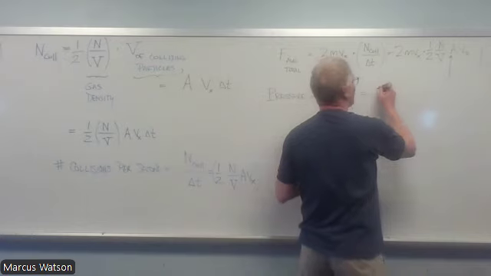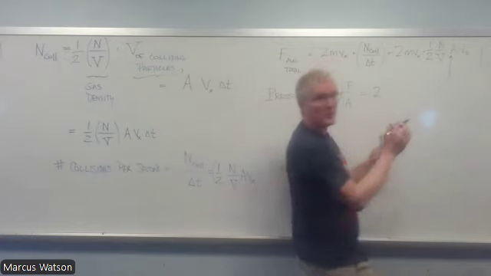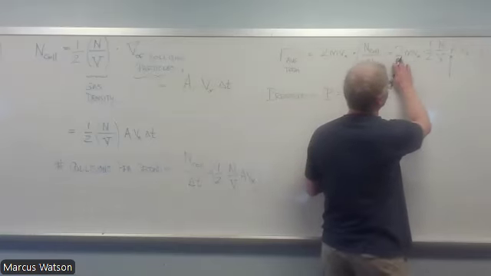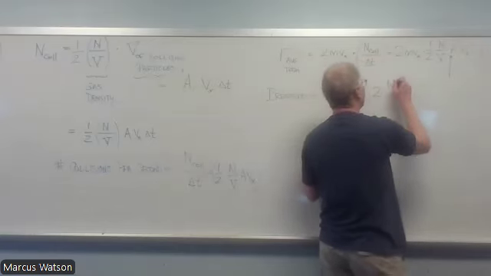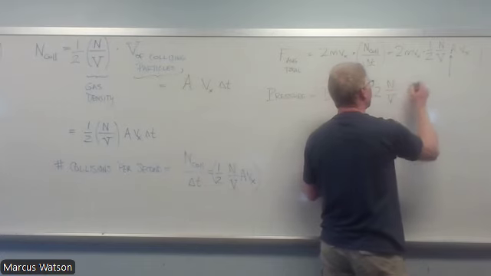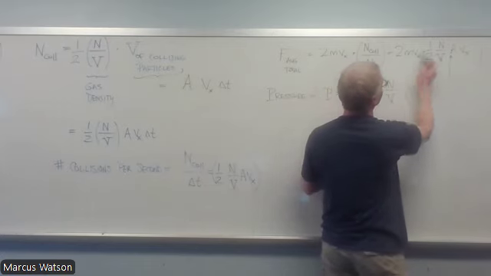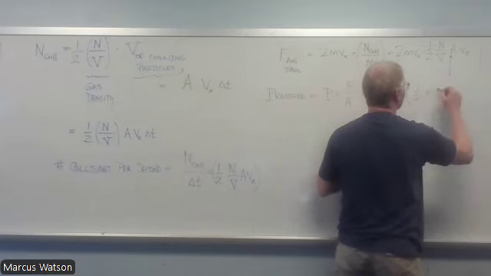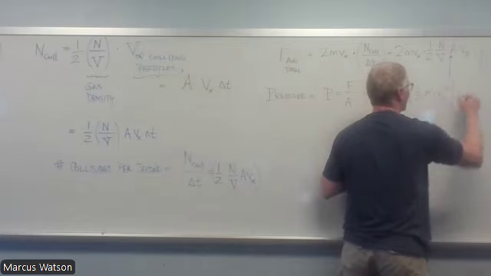I'm going to also rewrite it in a slightly more suggestive manner. I have 2 times N over V times 1/2 m Vx Vx. That's Vx squared.